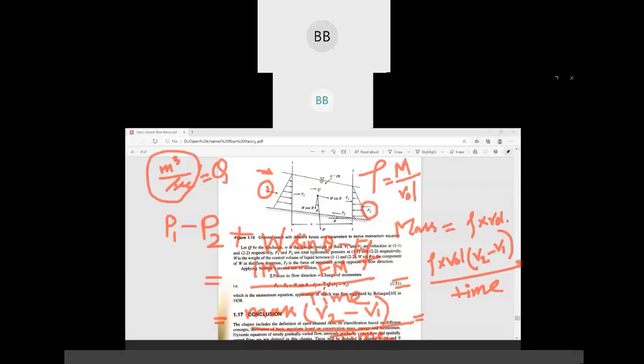So we substitute volume divided by time as discharge, Q. This gives rho into Q multiplied by v2 minus v1.